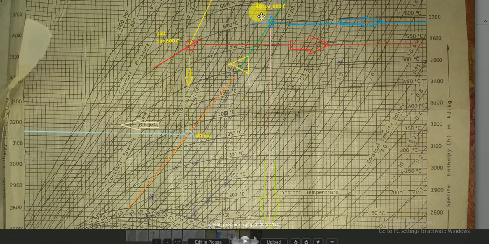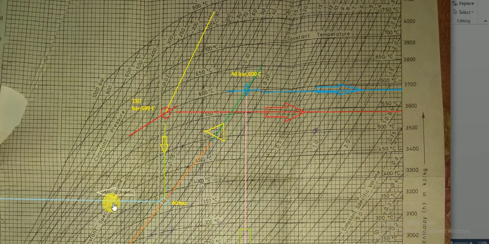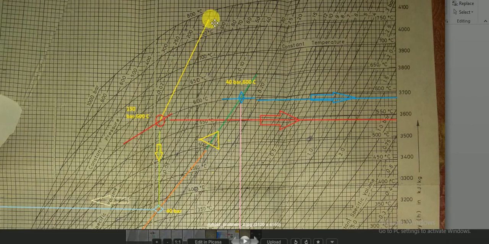Note down the 150 bar, take hold of the 150 bar line. This is the 150 bar line. After taking the 150 bar line and noting down the 600 degrees Celsius, note down the H3.